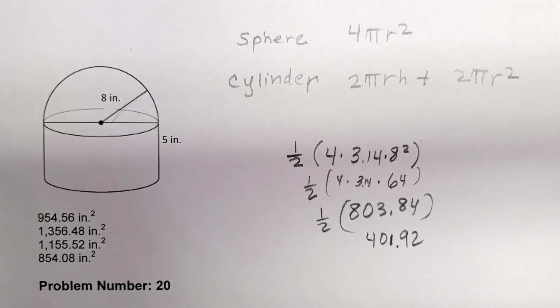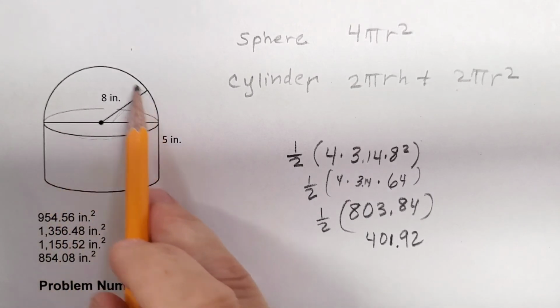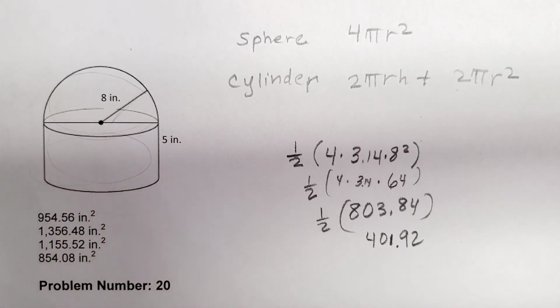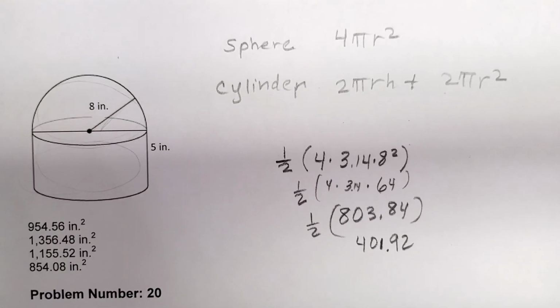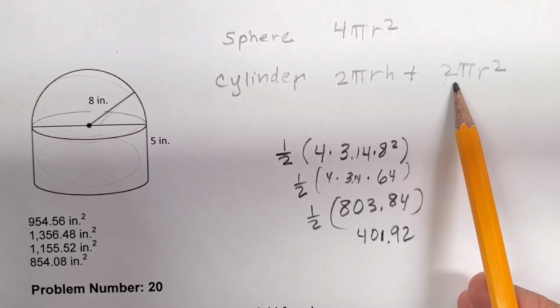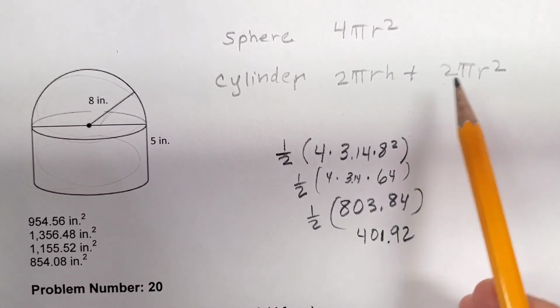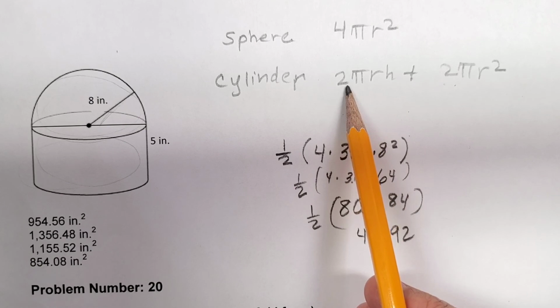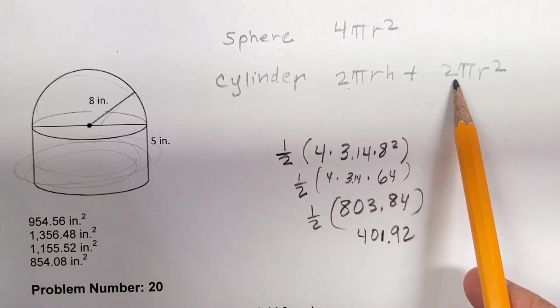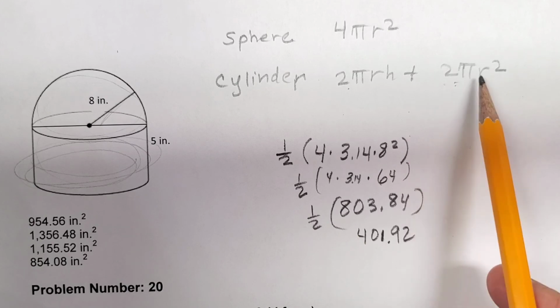All right. So we have this surface area figured out. Now we have to figure out this surface area, which is a cylinder, which we're going to tweak this formula a little bit because this is the area of the part that's going around the cylinder. This is the area of the two bases, pi r squared.